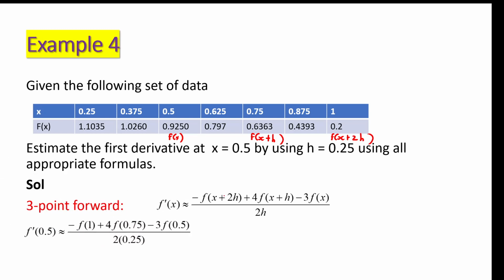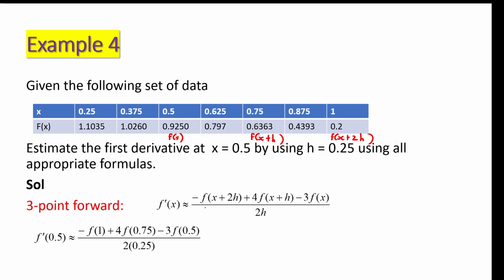You plug in according to the formula: negative f(x+2h), plus 4 times f(x+h), so 4 times 0.6363, minus 3 times f(x), which is minus 3 times 0.9250, divided by 2 times h, 2 times 0.25, you get 0.5.